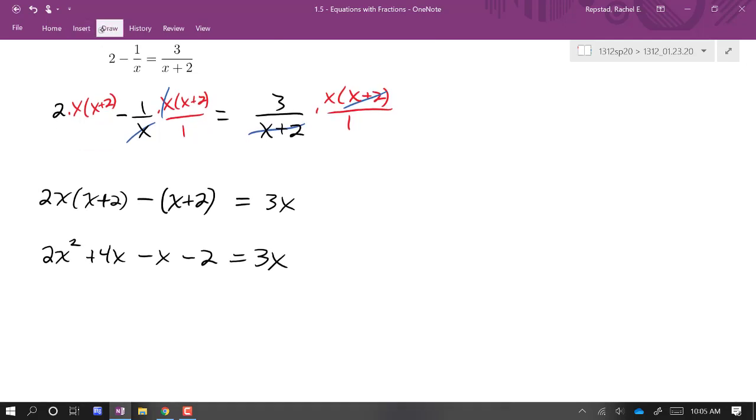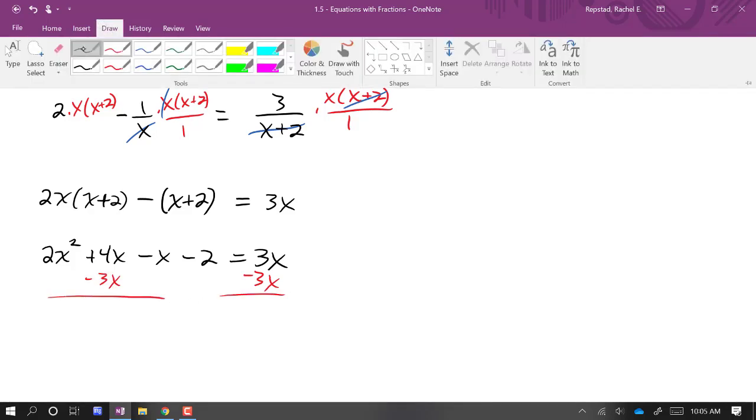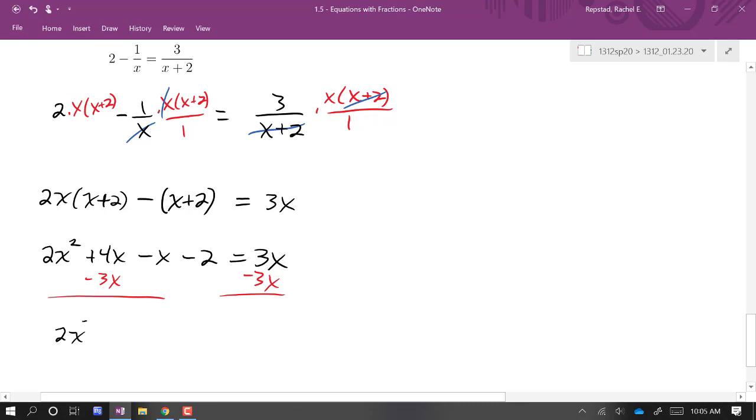Let's get it set equal to 0. Let's subtract 3x from both sides. We get 2x squared minus 2, right? There's no x's. How do I solve a quadratic?